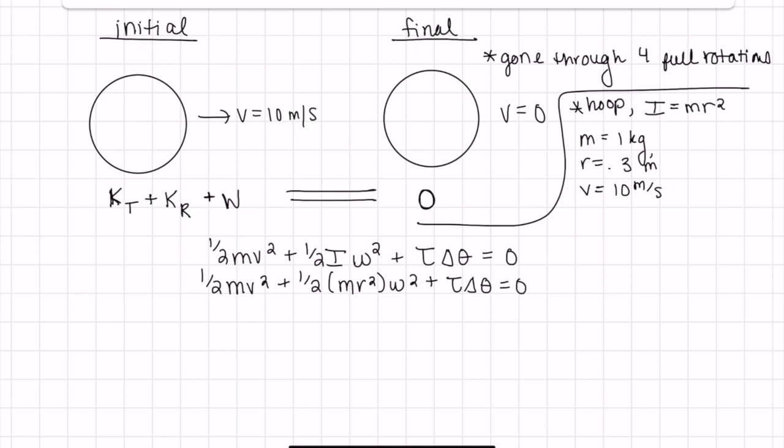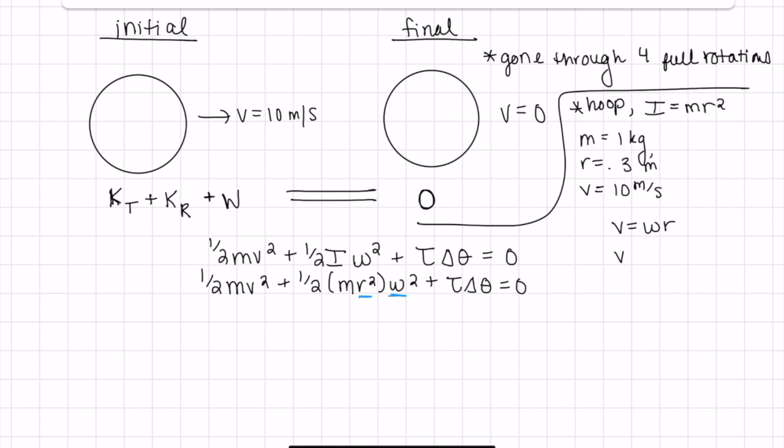The other thing we can use is the fact that since v is equal to omega times r, this r squared and this omega squared would be the same thing as a v squared.